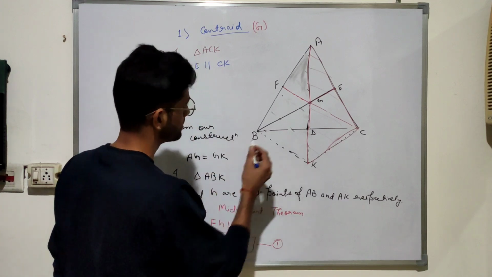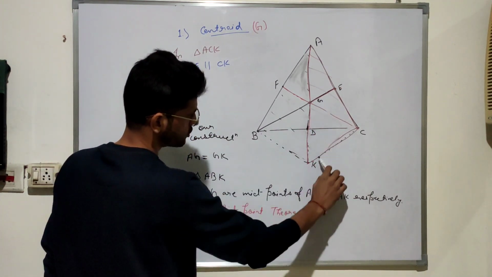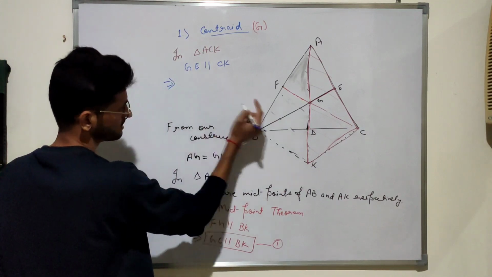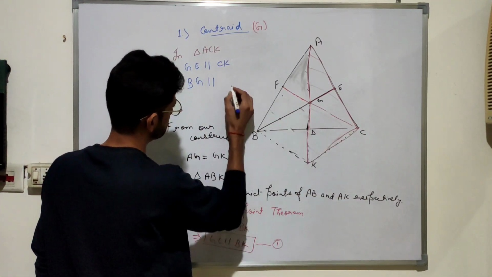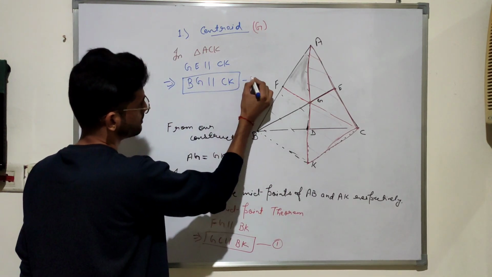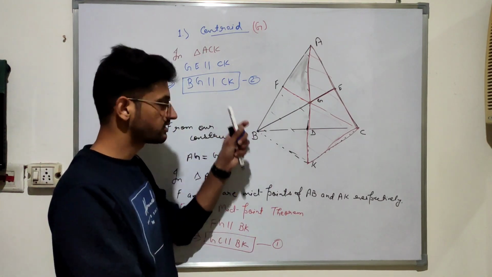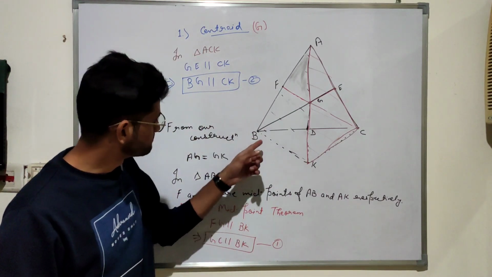Similarly, we can say that BG is going to be parallel to CK. This is equation number 2. So from equation 1 and equation 2, what we can observe is, GC is parallel to BK.